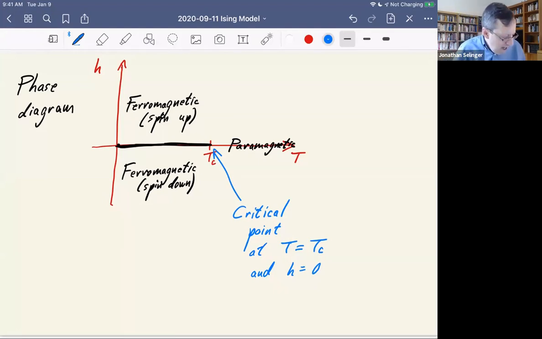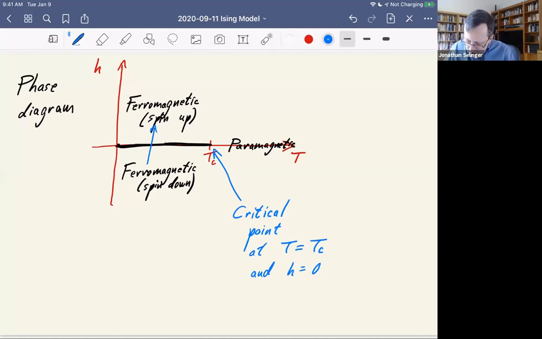A couple other terms to tell you about a phase diagram like this one, okay? When you cross from negative to positive fields like that, okay?